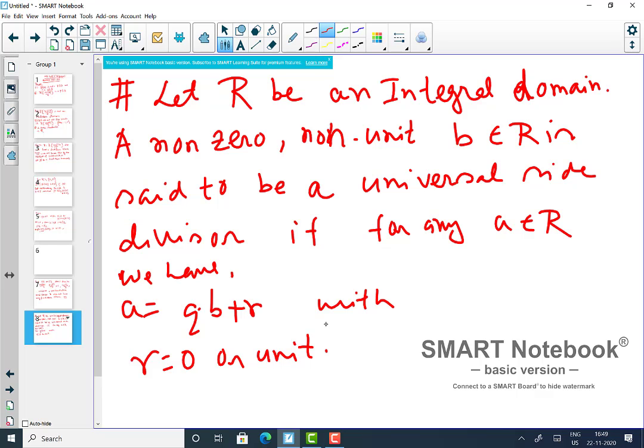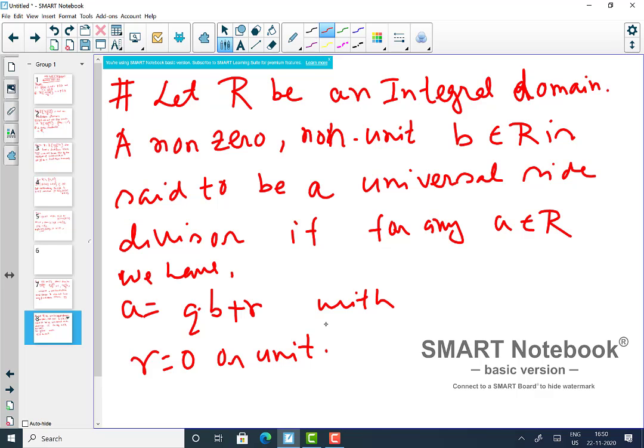Okay, so what are universal side divisors? Universal side divisors are those such that, first of all, they have to be non-zero non-units, and whenever you choose some element, either they divide the element when R equals 0, or they divide and side means what?